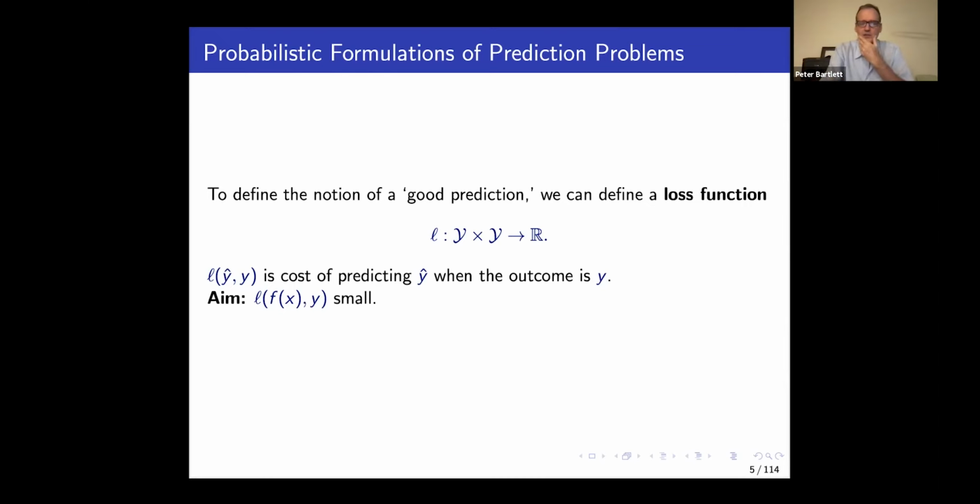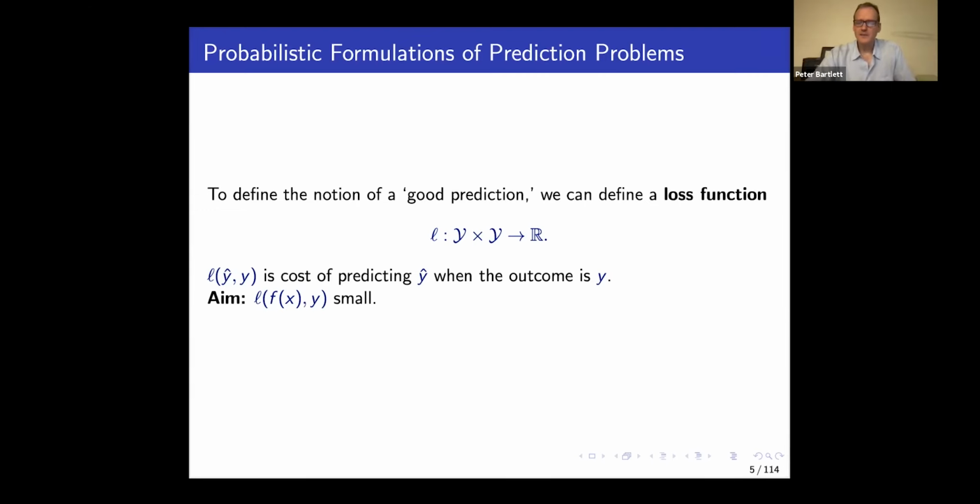We aim for that loss to be small. We want to choose a function f so that for an XY pair, f evaluated at X gives us a prediction that incurs small loss for the outcome Y. There's a very broad class of problems that you can set up in this sort of way. This is a nice general approach to a whole lot of decision problems.